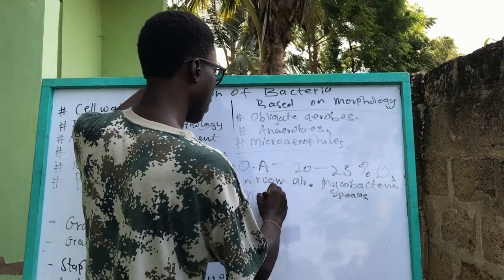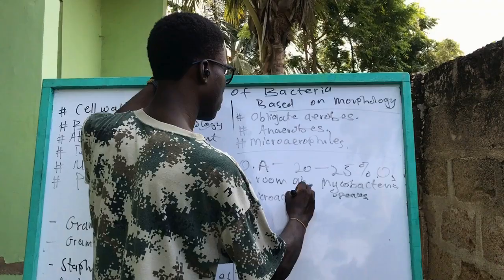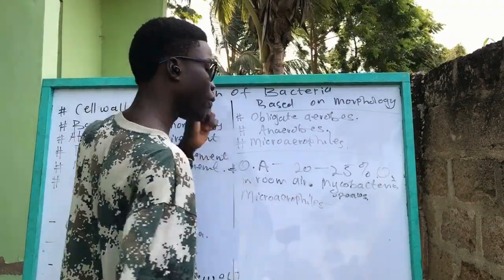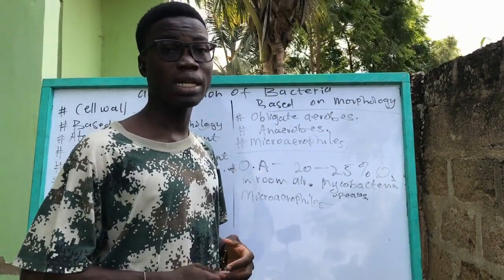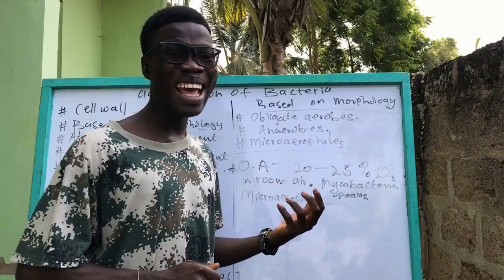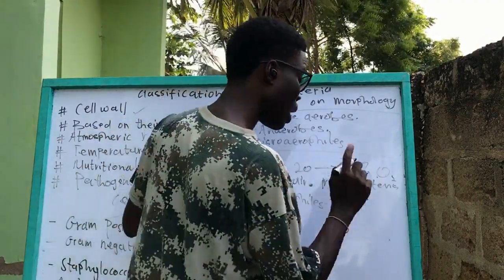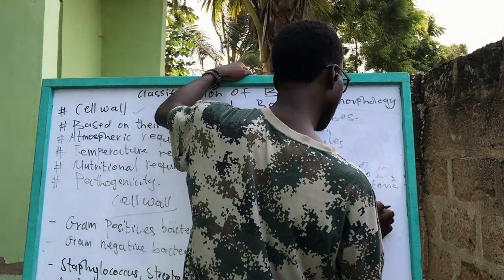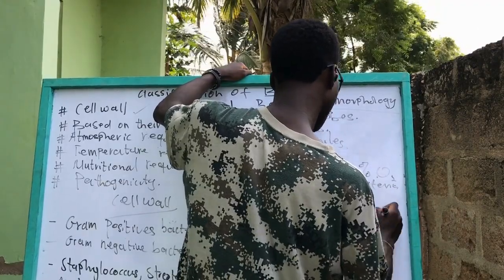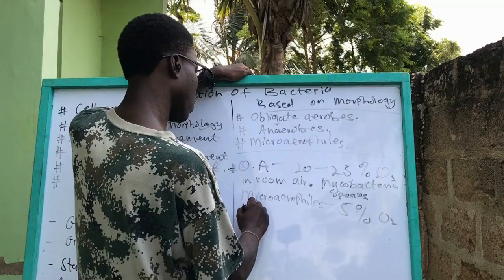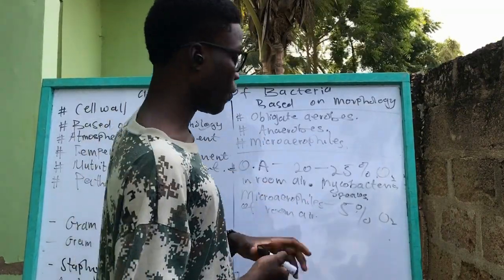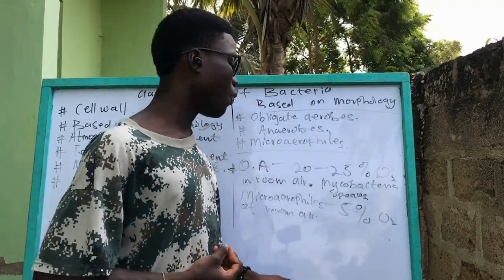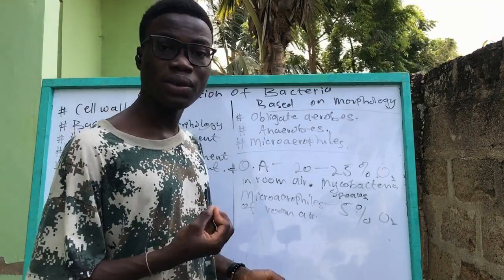The microaerophiles also require an amount of oxygen, but less than the room air, which is only up to 5% oxygen of room air. So they require a lesser amount of oxygen than is found in room air.